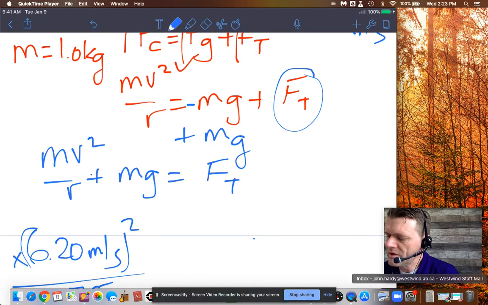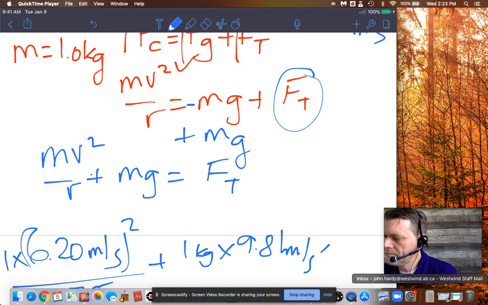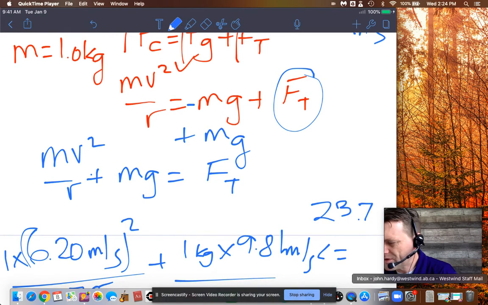And that's going to be obviously times 1 kilogram, plus 1 kilogram times 9.81. Okay, that's going to equal 23.78 or 79 basically, and that will be newtons. Okay, 23.79 newtons. So that's what the force of tension will equal.